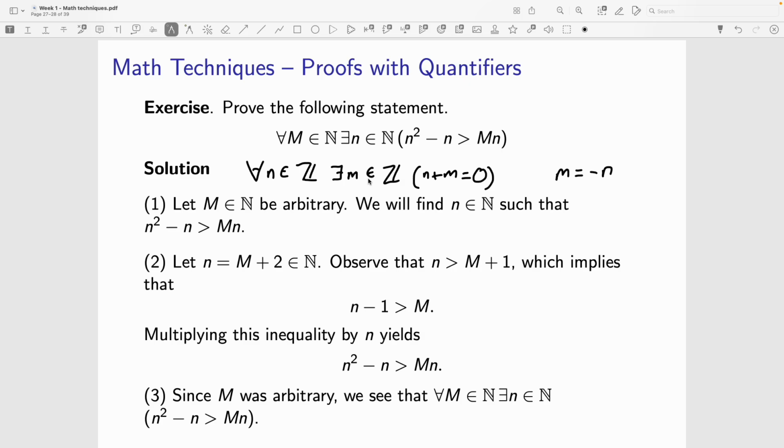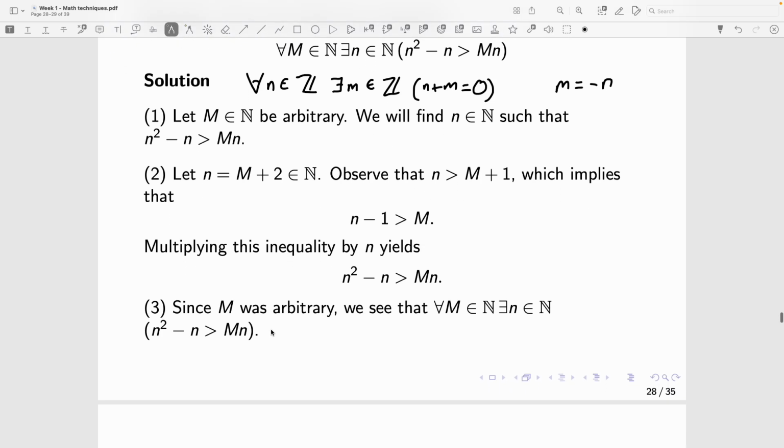When you're trying to figure out how to prove this, your first step is not going to be, oh, maybe n should be m plus 2. The steps that you take at first will sort of be in reverse from the proof that you produce.